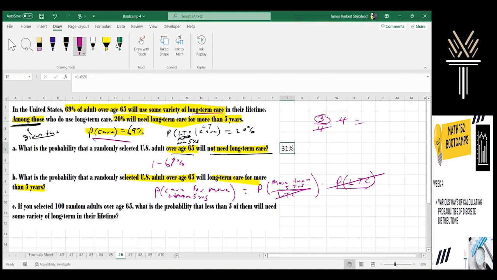So if we just take our two probabilities and multiply them together, you cancel out this other factor of long-term care in general, leaving only those who need more than 5 years of care. And so in other words, if we just take our two probabilities and multiply them together, we will be left with the probability of needing 5 or more years of care, given that you're an adult over 65 years old.